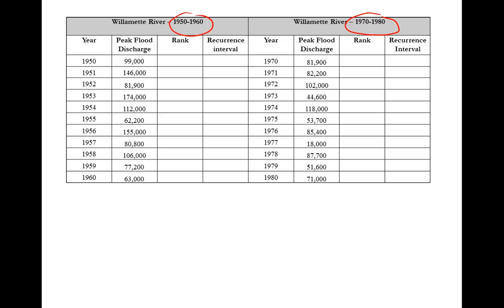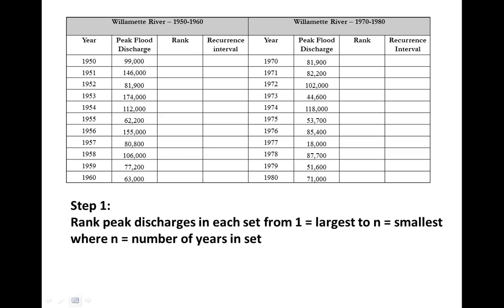The first step in this kind of analysis is to rank the peak annual discharges, from 1 being the largest, 2 being the second largest, all the way down to n, where n is the number of years in the data set. Each of these data sets has 11 years, and so the smallest flood is going to have a rank of 11.